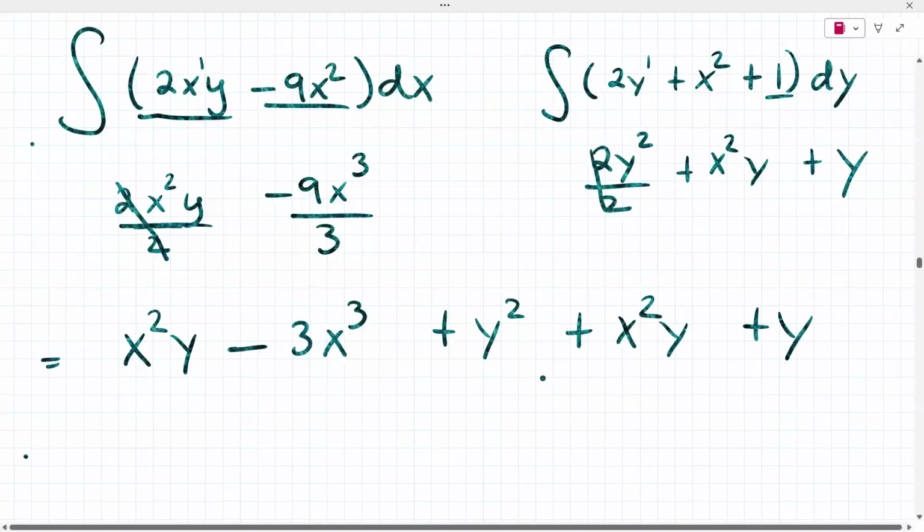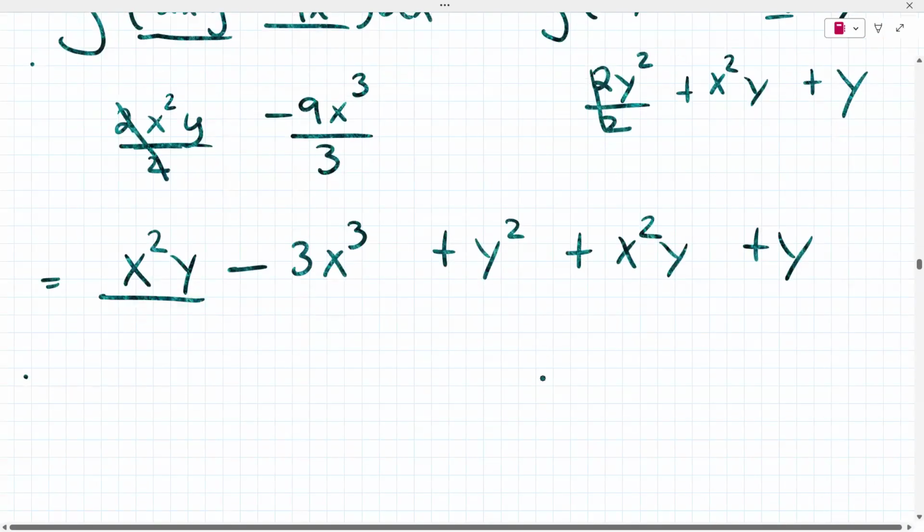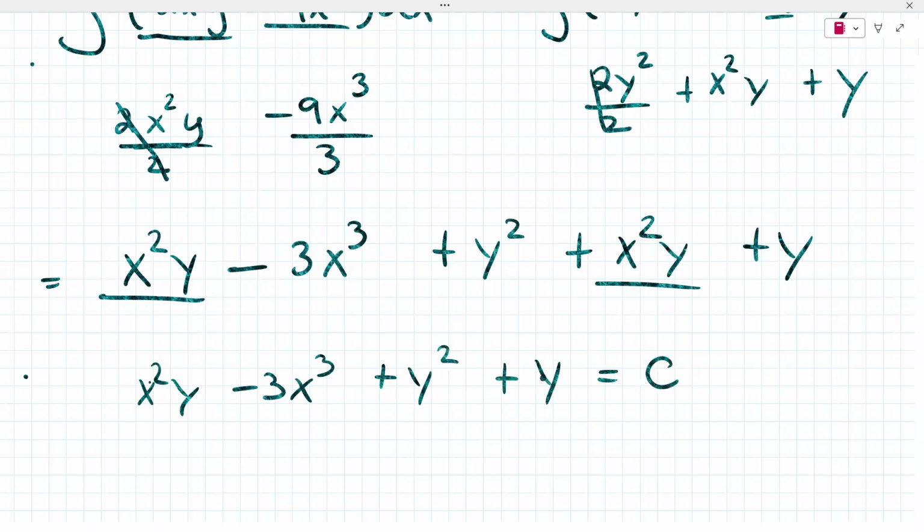I see a repeating term of x squared y and x squared y. You just write that out once, and then bring down your leftovers. So our leftovers are negative 3x cubed plus y squared plus y equals c.